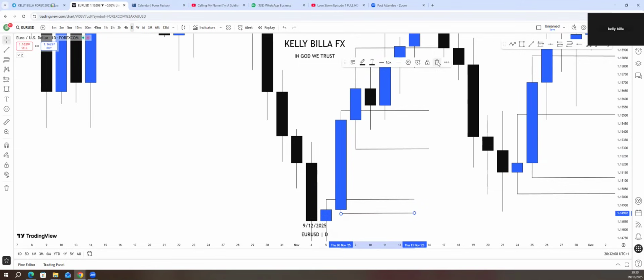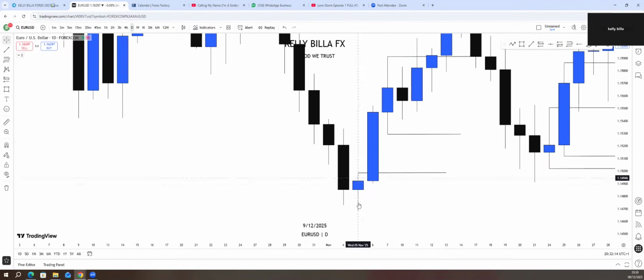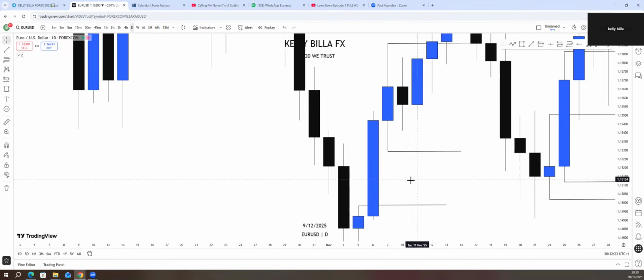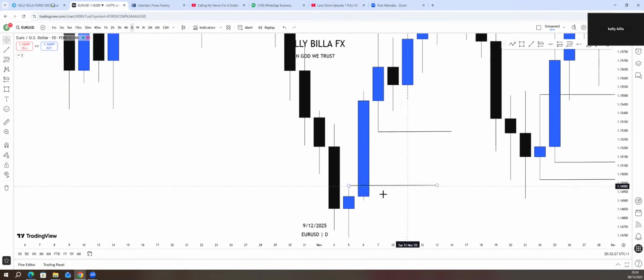The fair value gap is definitely an imbalance that is formed within 3 candlesticks. You will always see a fair value gap inside 3 candlesticks. You must have 3 movements: 1, 2, 3, and if the third candlestick's low does not kiss the first candlestick's high, you will be left with a fair value gap, meaning this is an imbalanced price delivery.